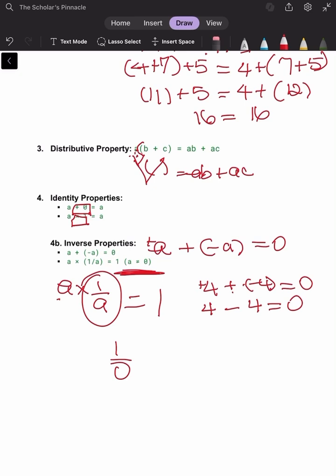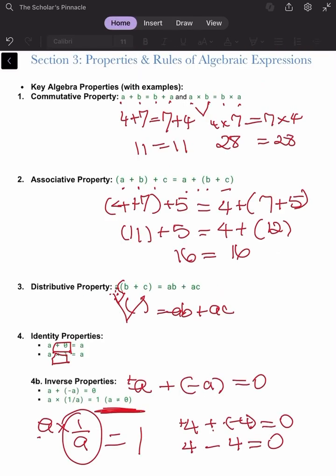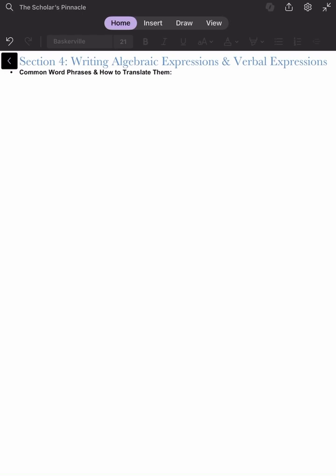In calculus, it is called DNE. And here you have it, guys. Section 3, properties of algebraic expressions. These rules make algebra so much easier. Section 4, writing algebraic expressions and verbal expressions.